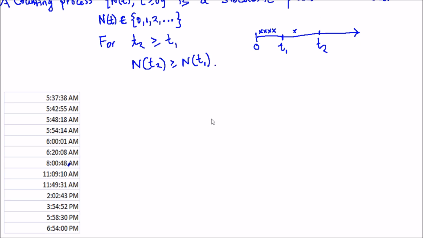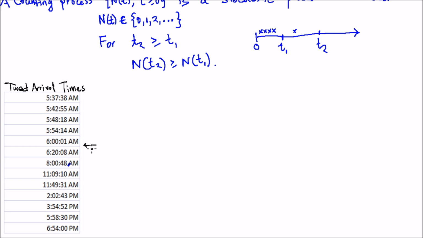Instead of counting the number of events in these discrete times, 5 o'clock, 6 o'clock, 7 o'clock, and so on, I could actually think of this process in terms of time until arrivals, or time between arrivals. And that's what we're going to do.